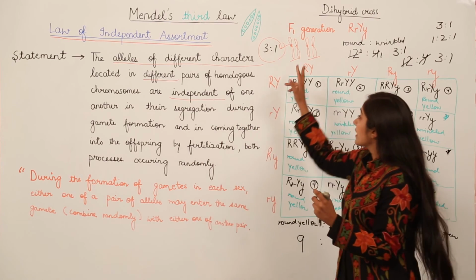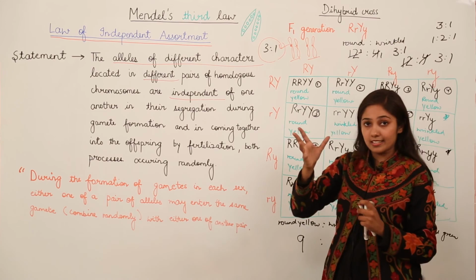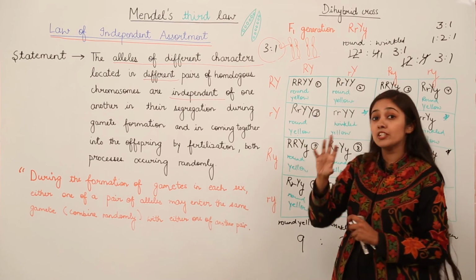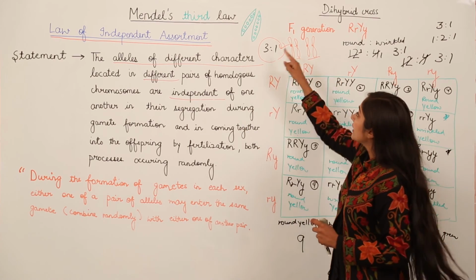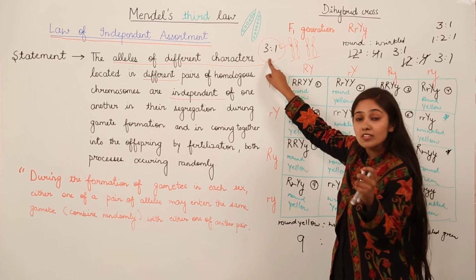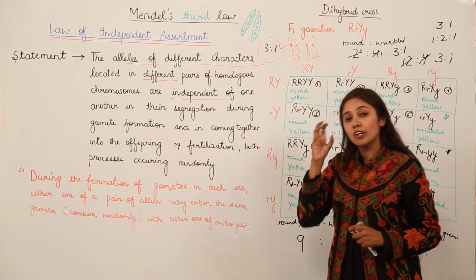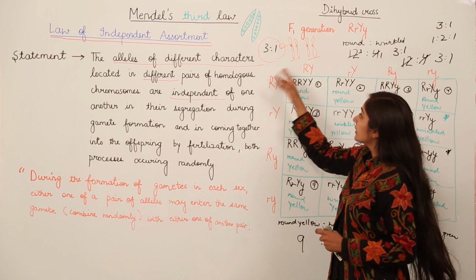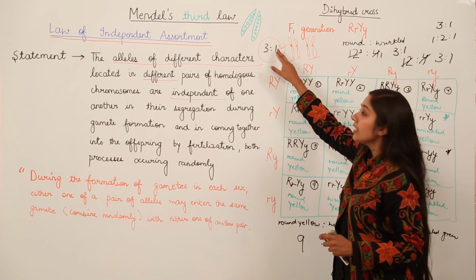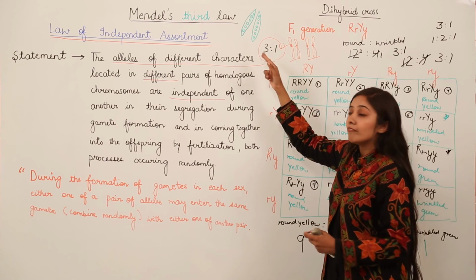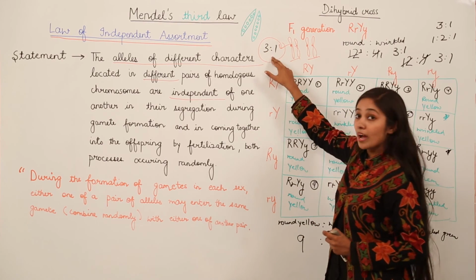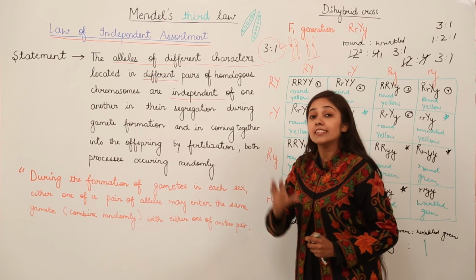So when we separated the characteristics, we compared the seed shape, round or wrinkled, and had the simplest ratio again, the same as in the monohybrid cross. When we compared the color of cotyledons, yellow is to green, we had 3:1.